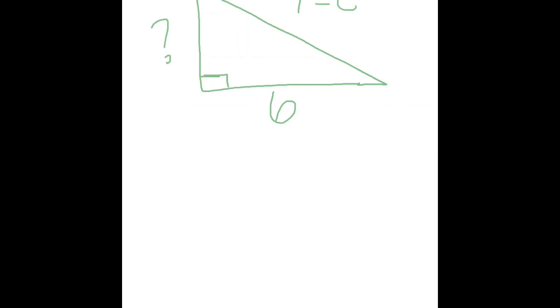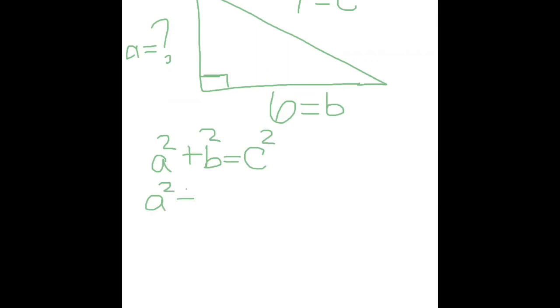I know the length of my base is 6. And I'm looking for A. So, same equation, Pythagorean theorem, A squared plus B squared equals C squared. I don't know my A, that's what I'm solving for, so I just bring that down. Plus 6 squared equals 9 squared.